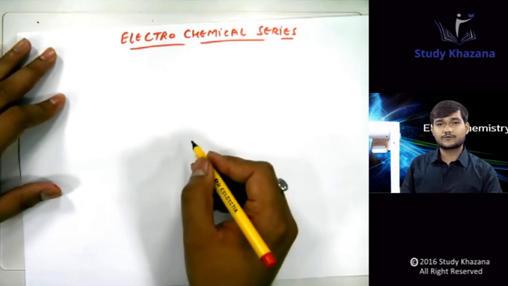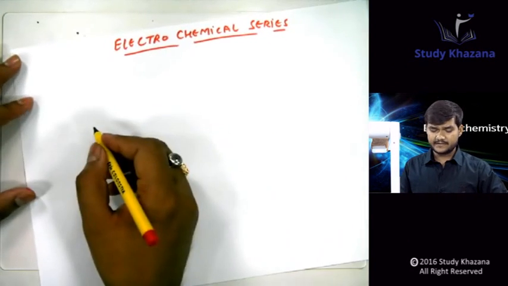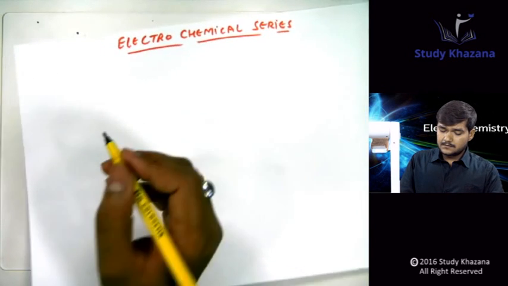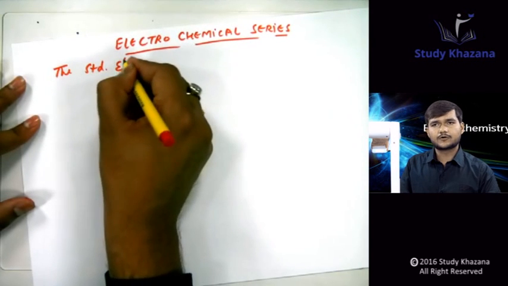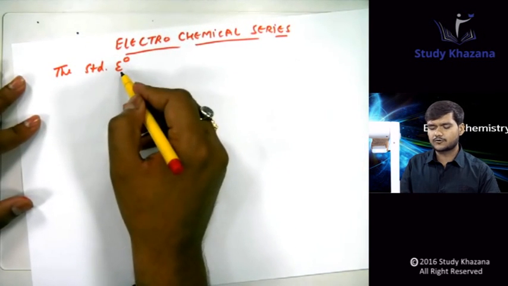Now what is the electrochemical series? In the electrochemical series, the standard electrode potentials, if I am writing here E naught, it is understood what electrode potential I am talking about.